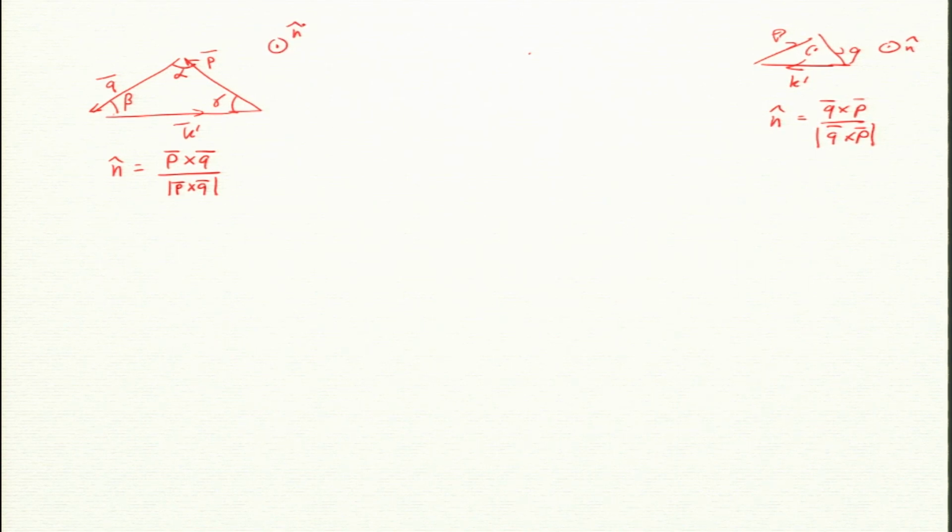So, what is my E1 direction? Let us look at k prime, so this is E3, and E1, E2.